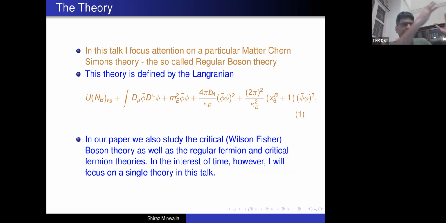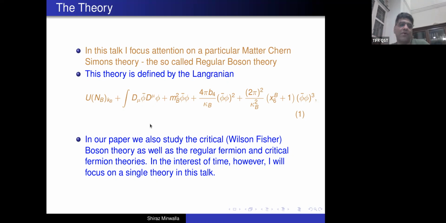Now in our paper, the paper I cited at the beginning of this talk, we've studied basically every well understood example of these large N fundamental matter Chern-Simons theories. For the purposes of this talk, I will focus on one of these theories, the so-called regular boson theory.